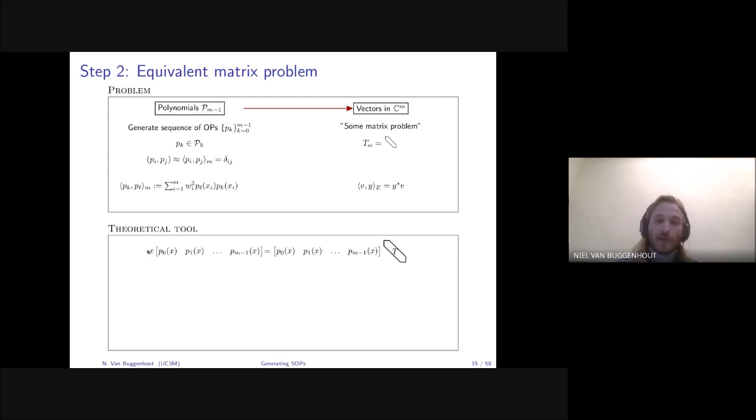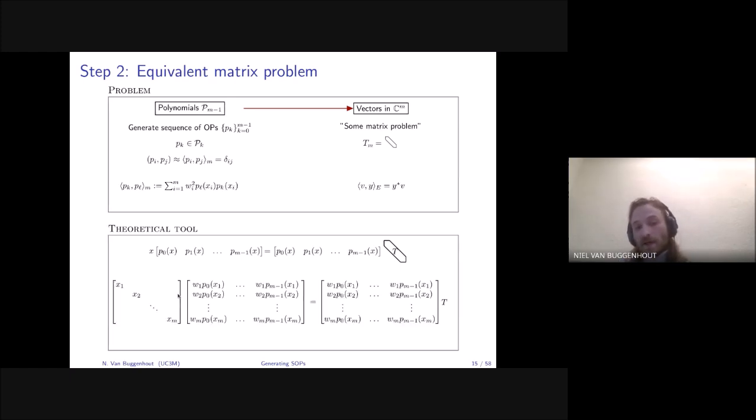So what we do now is plug into our three-term recurrence relation x_1, one of the nodes that we have in our discretized inner product. We're also going to multiply on the left and on the right with the weight w_1. We can do this also for x_2 up to x_m, and we put this all in matrix form.